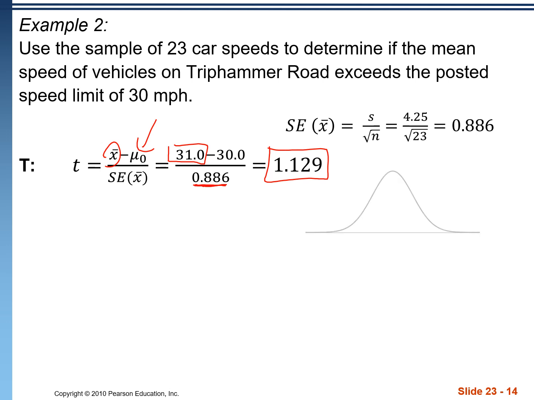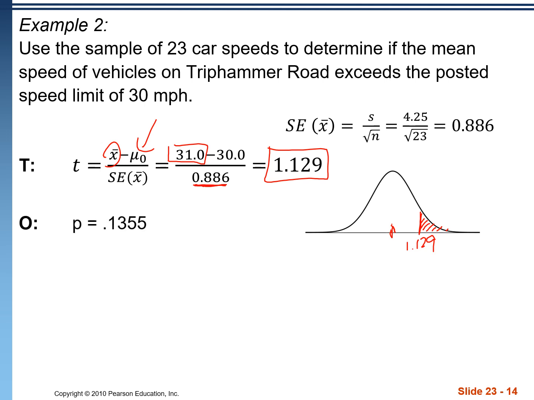Now we go into tcdf. We have 0 in the middle. Okay, we have 1.129 as our test statistic. And this is a right-tailed test because it says in the alternative that we're trying to prove that the mean is greater than 30 miles per hour. So greater is right-tailed, less than is left-tailed, not equal to would be two-tailed.